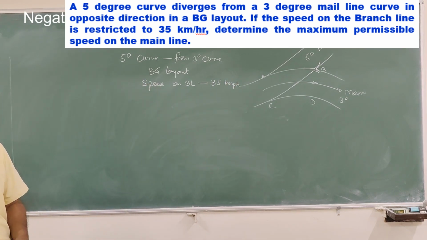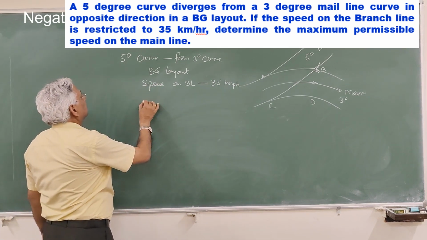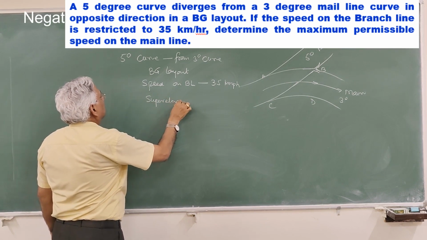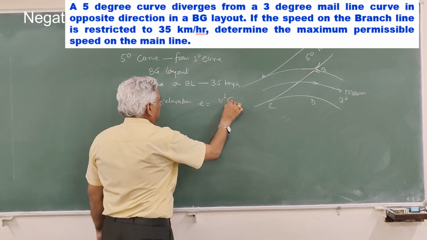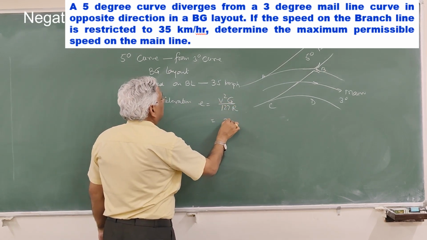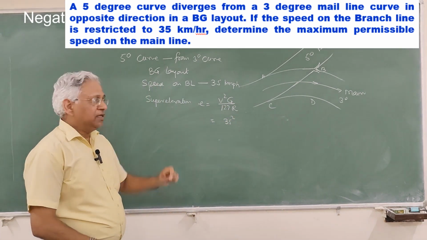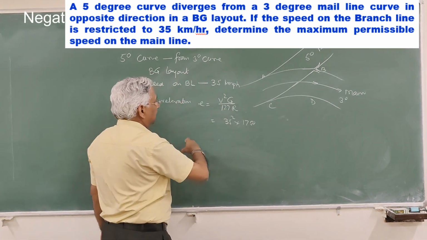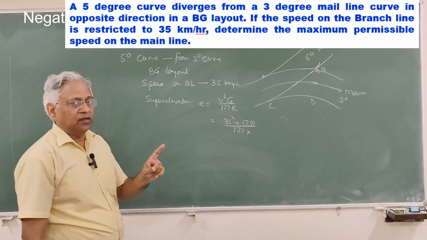That is the question. So speed on branch line is given, so you calculate the superelevation or cant on branch line using this equation, V square G upon 127 R. So 35 square, G is the dynamic gauge, 1750 for broad gauge line, 127 into R, the radius of the curve.